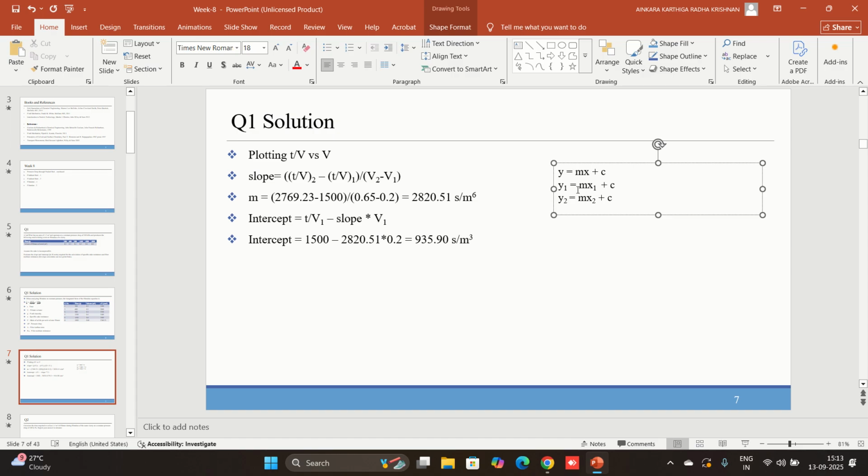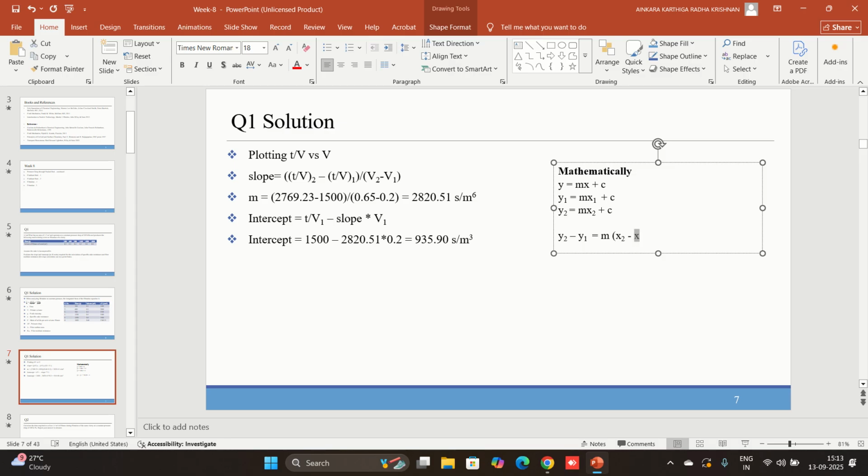Mathematically, y is equal to mx plus c, y1 is equal to mx1 plus c, and y2 is equal to mx2 plus c. Now what we can do: y2 minus y1 is equal to m of x2 minus x1.